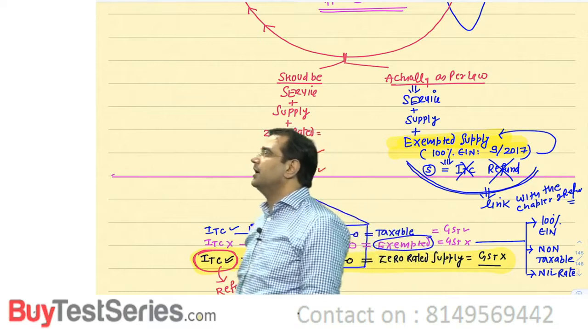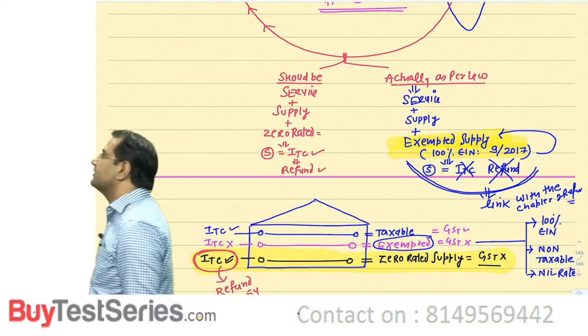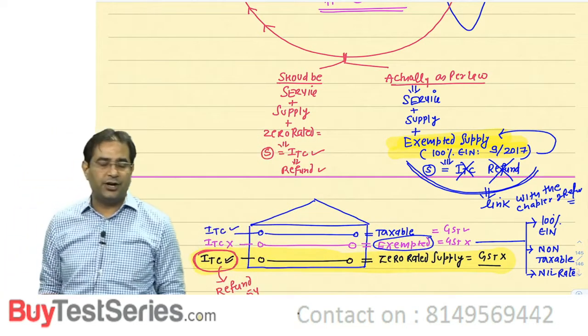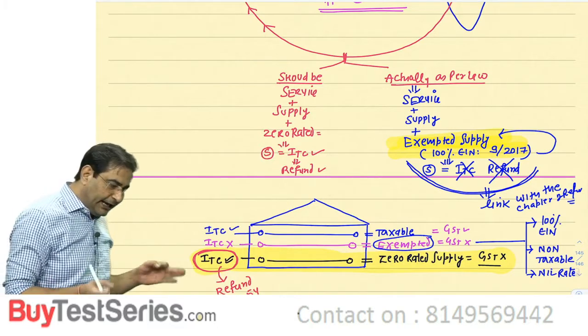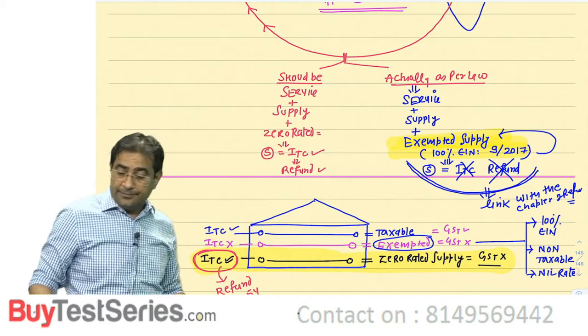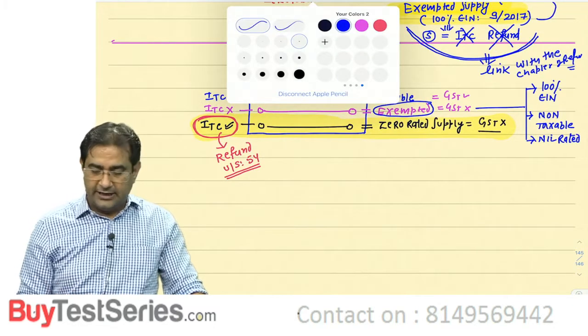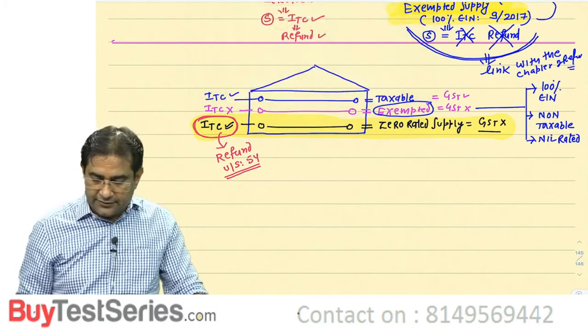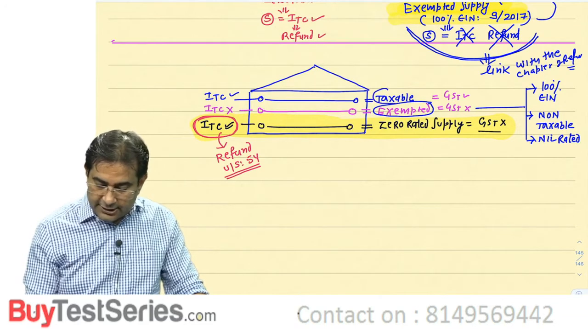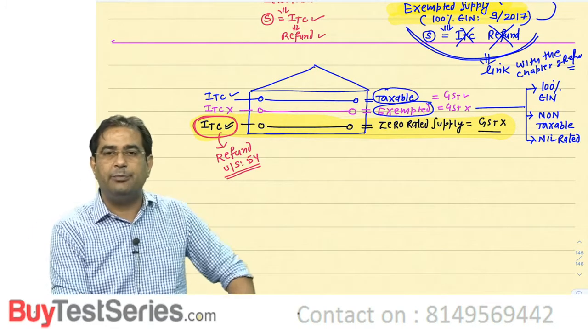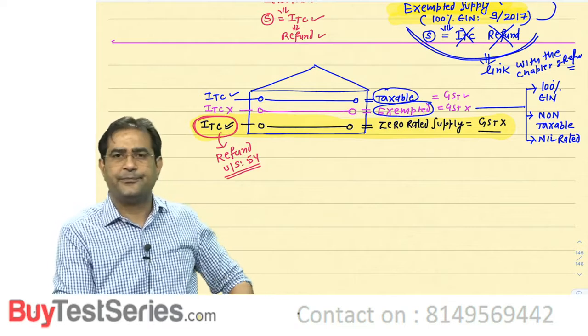When we export any taxable service, one of the supplies that are liable to tax domestically, if such taxable services are exported, that becomes zero rated.